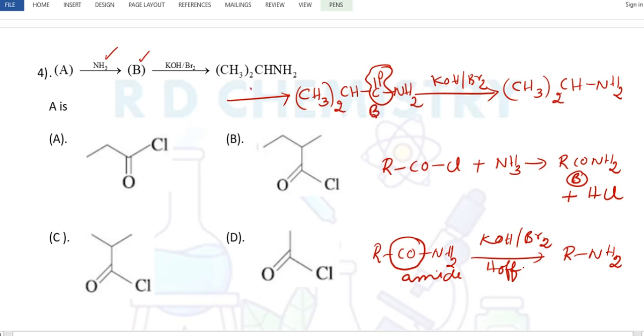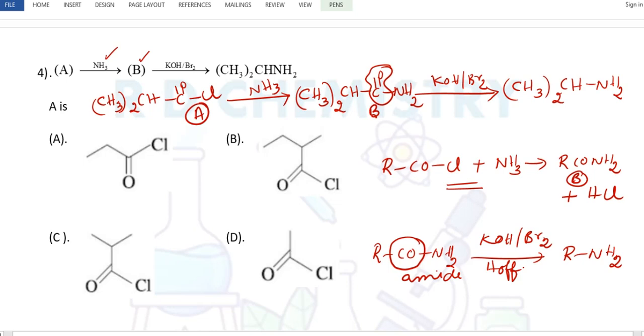B compound is obtained by treating ammonia with acid chloride. The corresponding acid chloride we can write down. Look at this reaction now. Okay, so I can write (CH3)2CH, then C double bond O Cl. Okay, this is the compound A. Now it is identified.